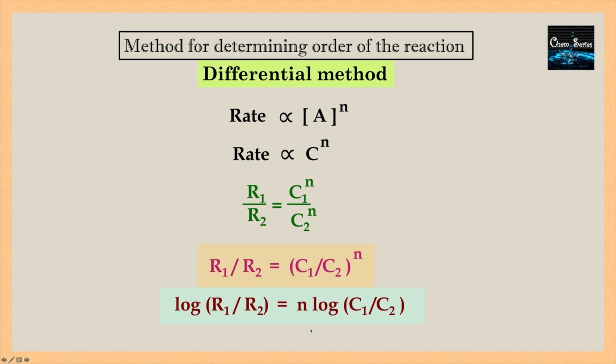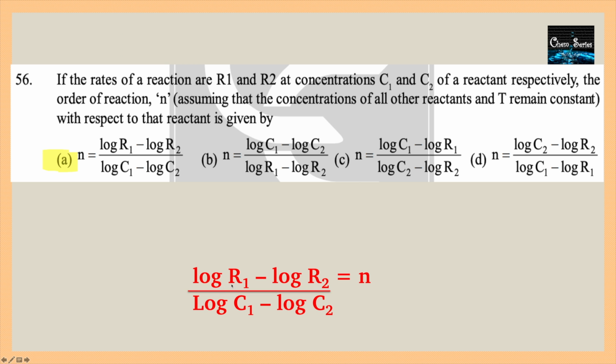So n is equal to log R1 minus log R2 divided by log C1 minus log C2. Okay, that is, option A is your correct answer.